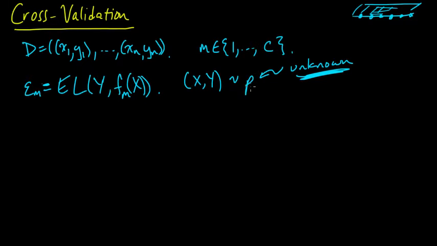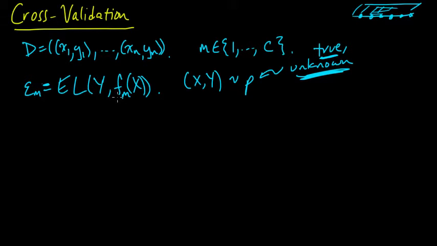This is not the p that we're using for our model. We might have some probabilistic model that we're using to model this data, but this p is the true distribution, because that's what we really want to minimize our expected loss for, right? For the true thing.